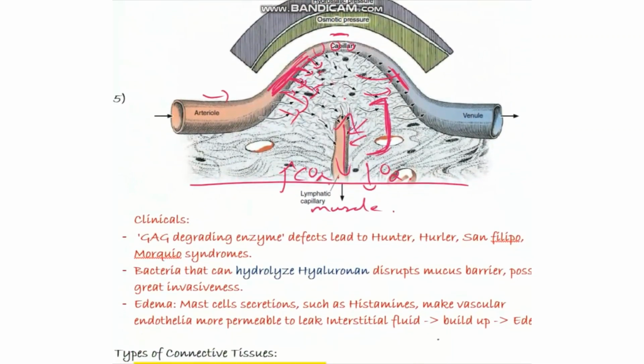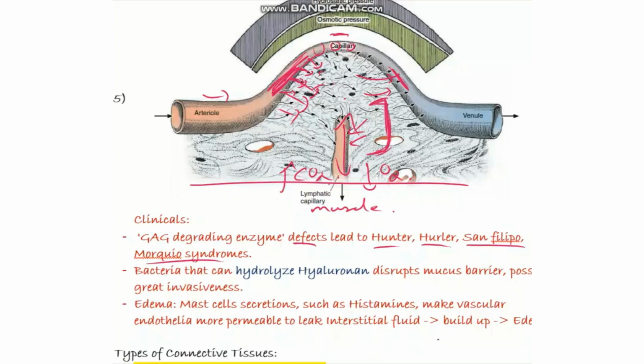Now GAGs, of course, are also degraded in our body, and the way that happens is through enzymes, and defects of these enzymes, like for example mutations, can lead to specific pathologies: Hunter, Hurler, Sanfilippo, and Morquio syndromes. These pathologies are mostly concerned with biochemistry, so you might study them in biochemistry and medical genetics.